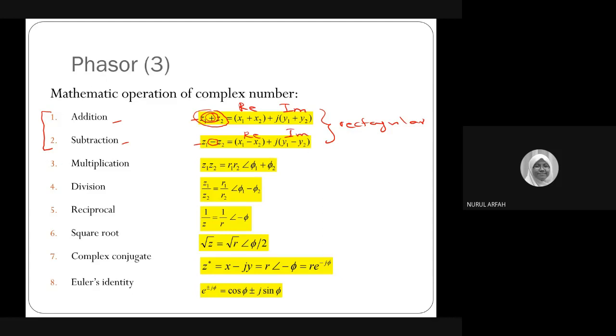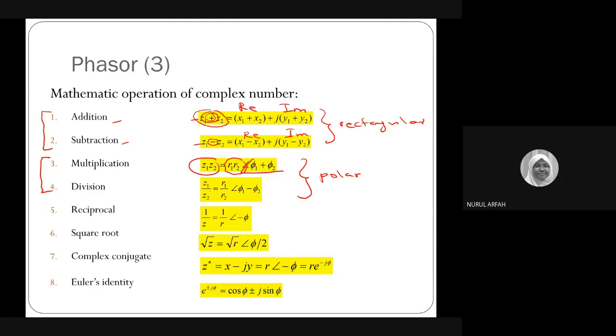Okay. Then multiplication and division. These two, if you look here, it's better to solve in terms of polar form. Since this is a multiplication, Z1 times Z2, the amplitudes should be multiplied together, but the phases you should add together.